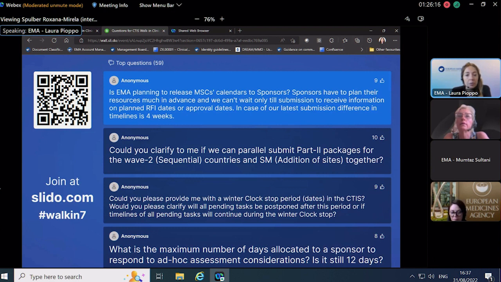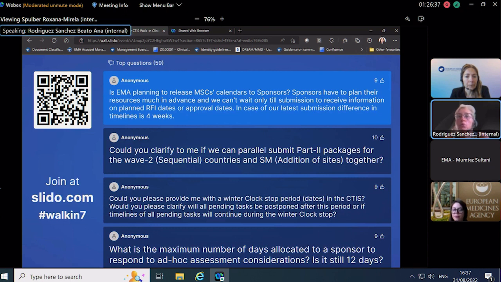Anna, maybe you want to jump in here. We don't have in mind to make the publication of the calendar. These are the official calendars, and if I'm correct, these are published also by the Commission in their Official Journal, so it comes from there.